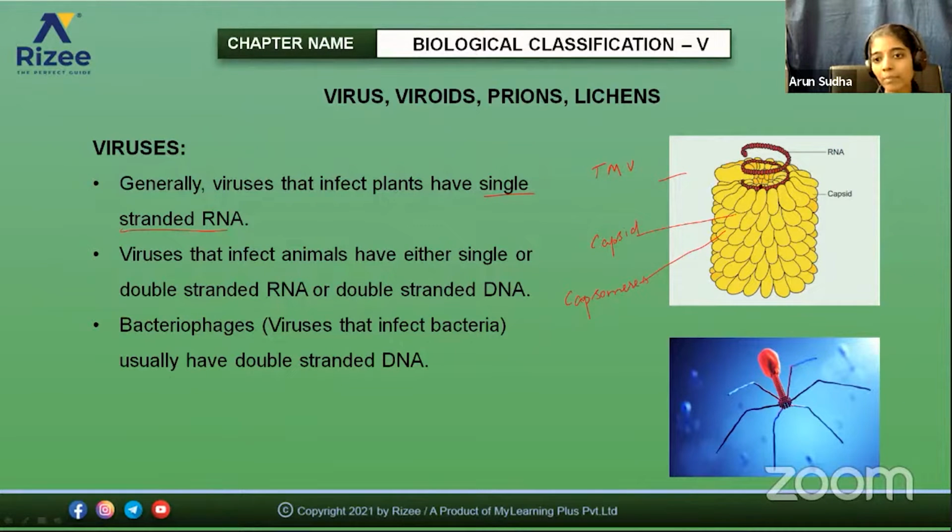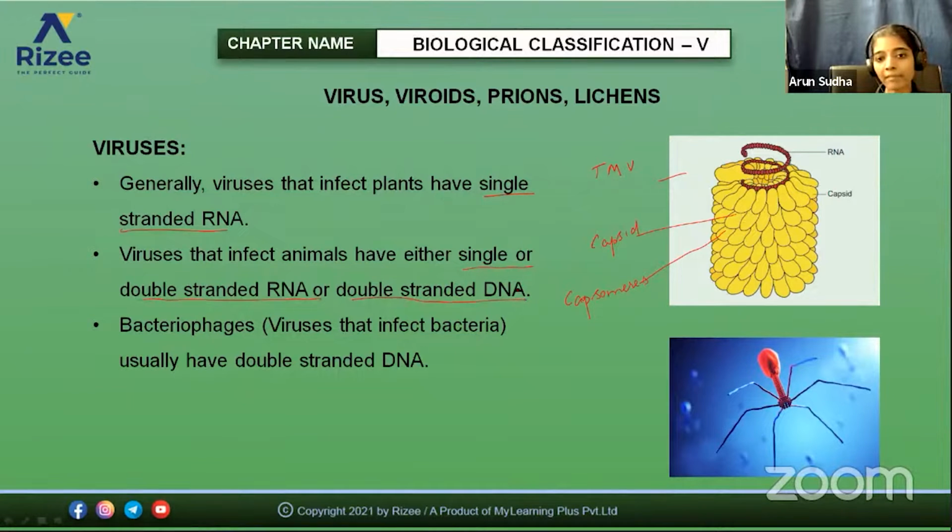So this is an example of a plant virus, that is tobacco mosaic virus. Generally all plant viruses will have single-stranded RNA. The viruses that infect animals have either single or double-stranded RNA or double-stranded DNA.